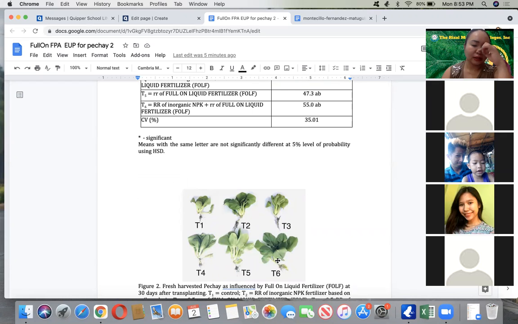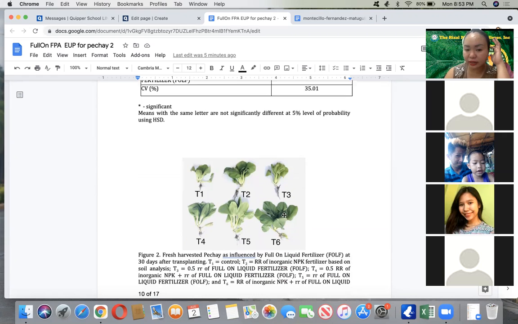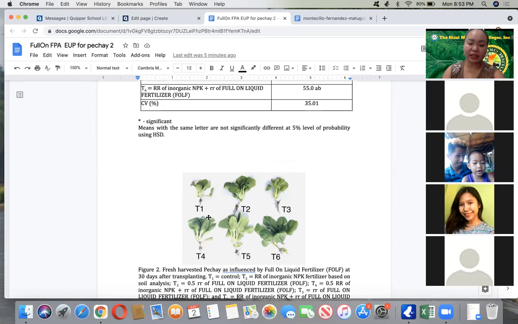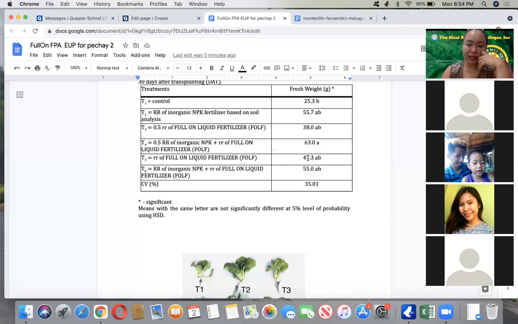Although, sa presentation lang kasi paglagay niyan, sometimes kasi pinili lang namin ang pinakamaganda, pinakamalaki sa lahat. So, naging ganyan. But supposedly sana, you choose the sample that will represent also the table.